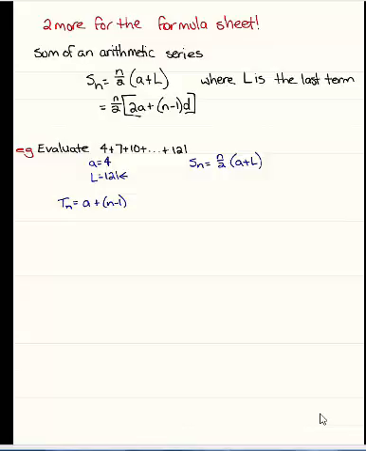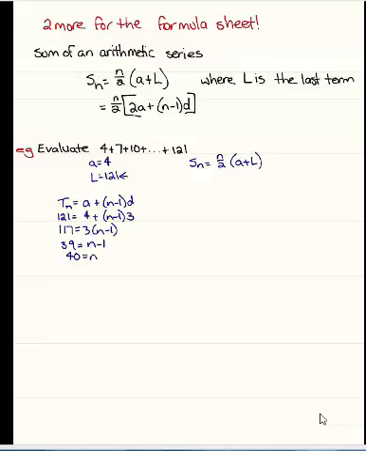So start off with your a plus n minus 1 d, and we've worked out what d is in the last exercise. So we put in 121 is equal to 4 plus n minus 1, because we don't know what that is, times 3. So it's 117 equals 3 outside of n minus 1. Then we get 39 is n minus 1, and so n equals 40.